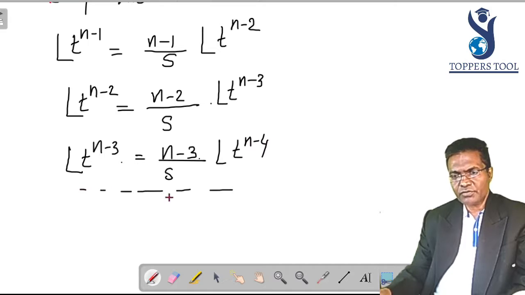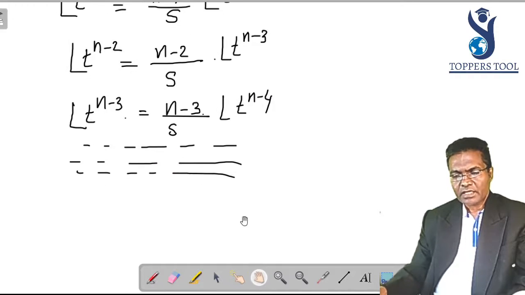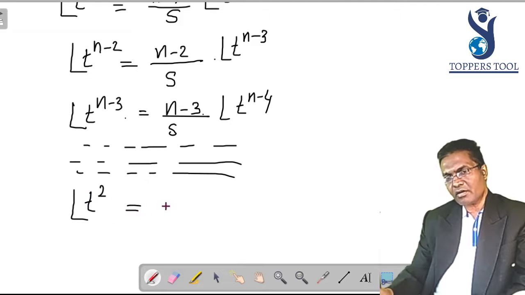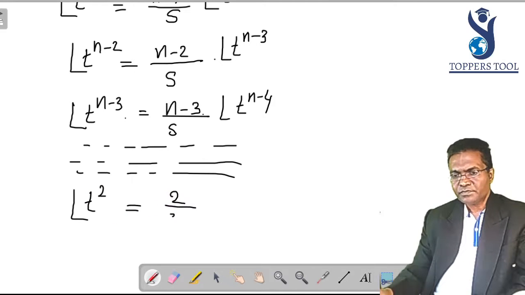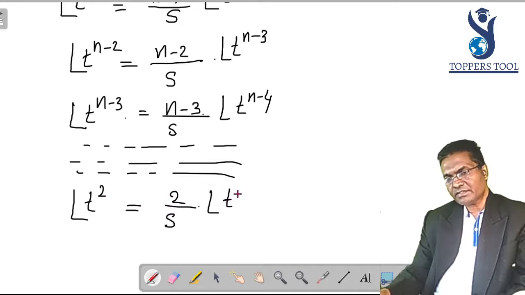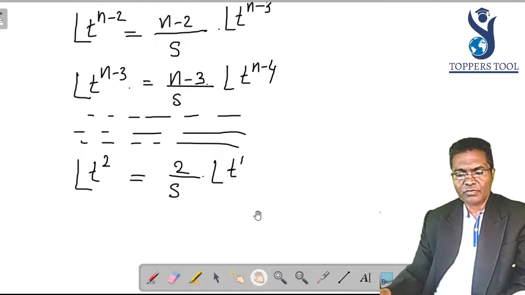So this continues, and suppose L of t square, according to this, you will get 2 by s L of t power 2 minus 1, that is t power 1.